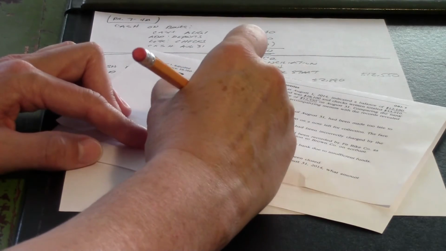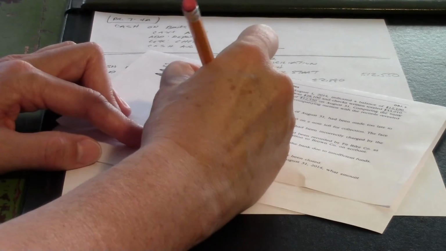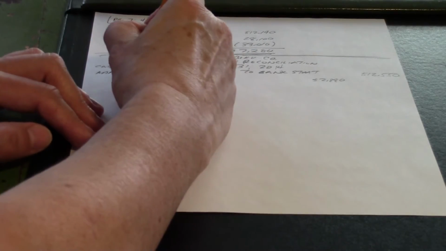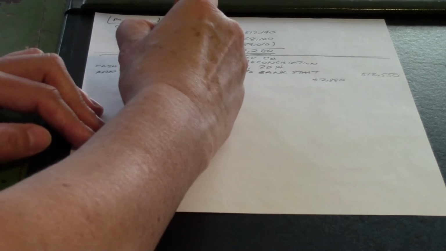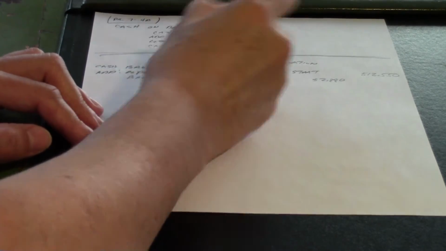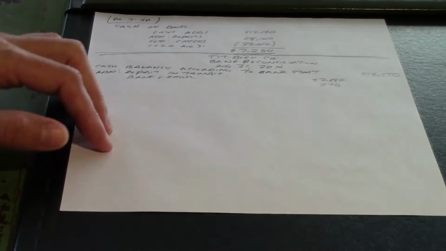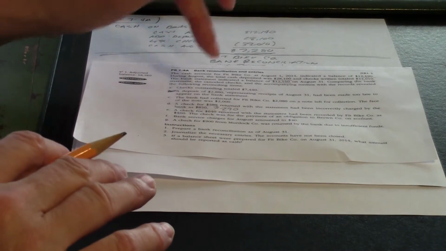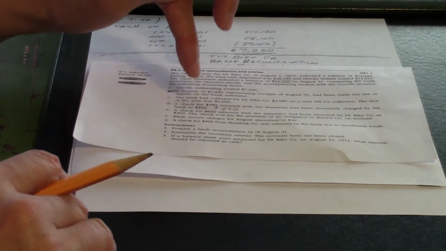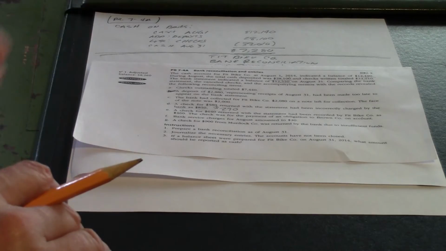And the difference happens to be $270. All right, so we need to add $270 to the bank balance. Bank error, add $270. And the reason we're adding it is because they took out more than they were supposed to. That means we get that cash back.